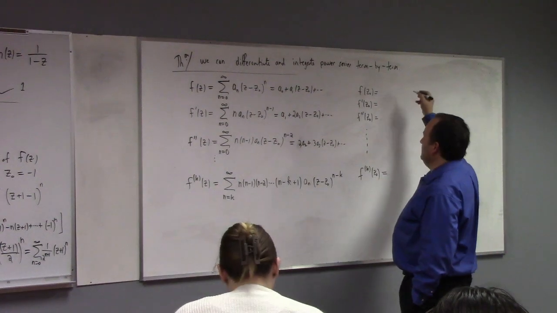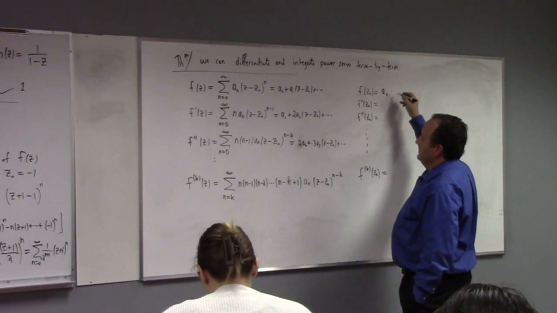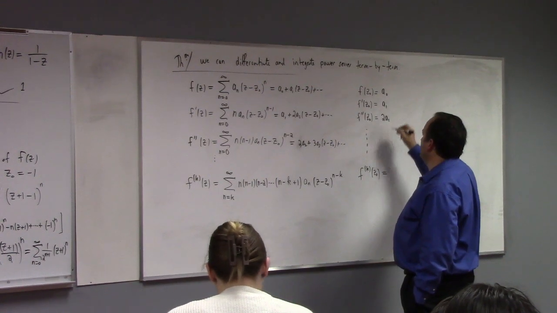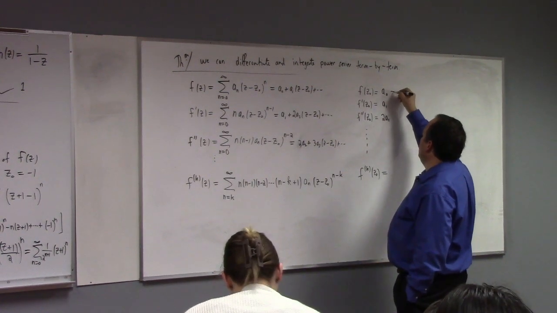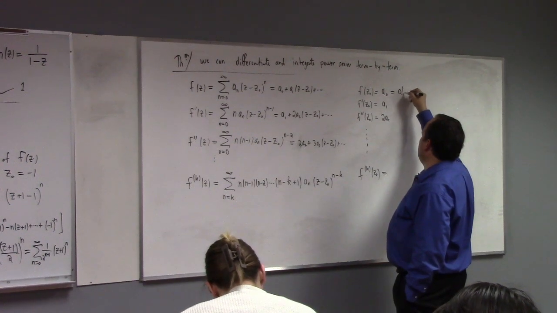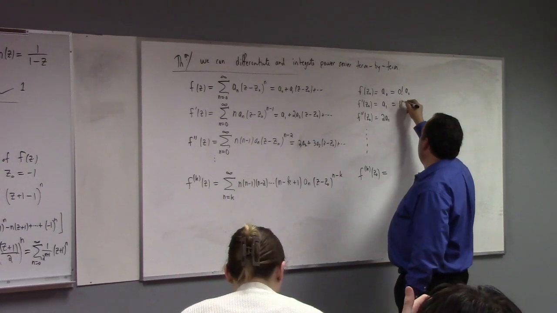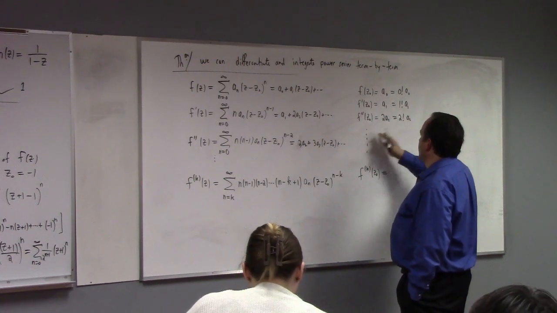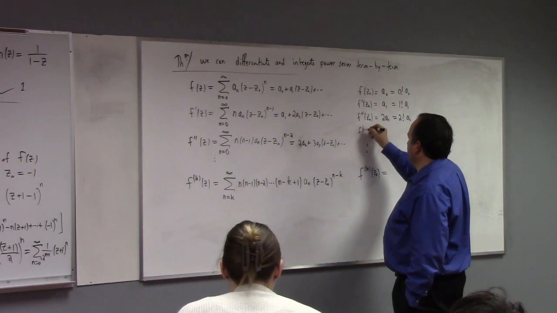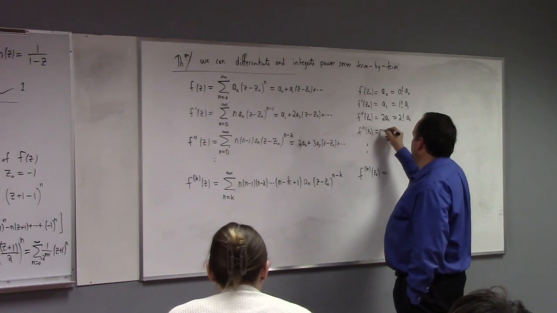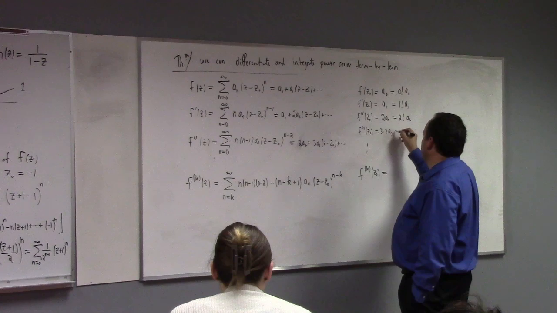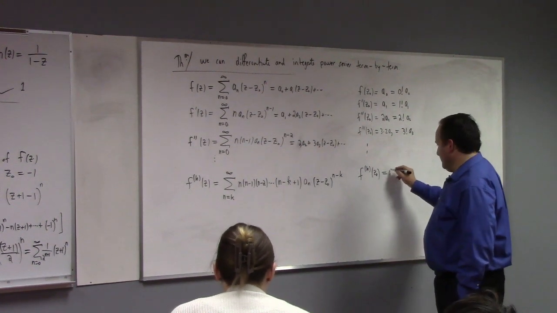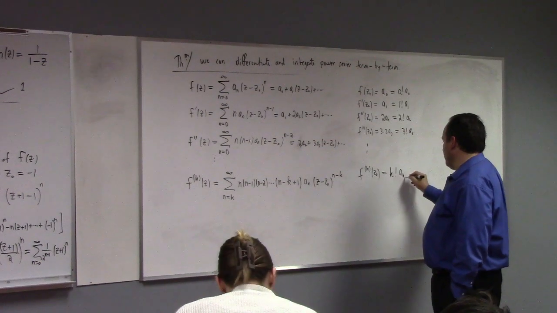So what you get is a0, a1, 2a2. Let me rewrite this somewhat silly way. That's 0 factorial times a0. This is 1 factorial times a1. This is 2 factorial times a2. It would have been more exciting if I had given you the third derivative. There we would have had 3 times 2 a3. Ooh, looks like you really did something there. 3 factorial a3 is what you got there. And this one, of course, you end up with k factorial times a sub k.